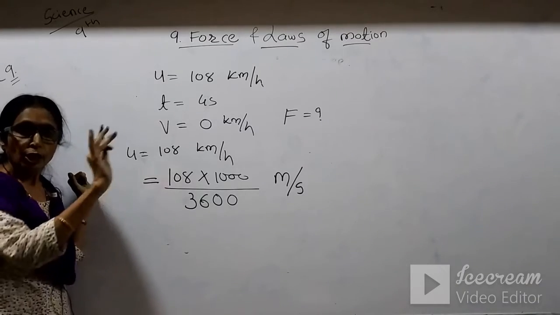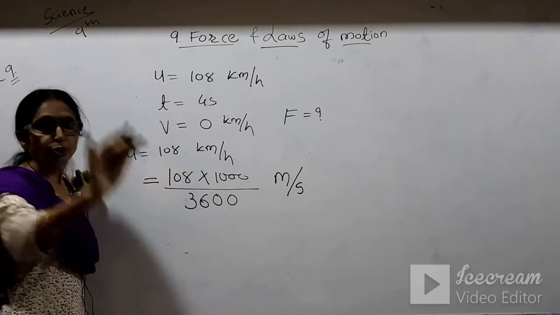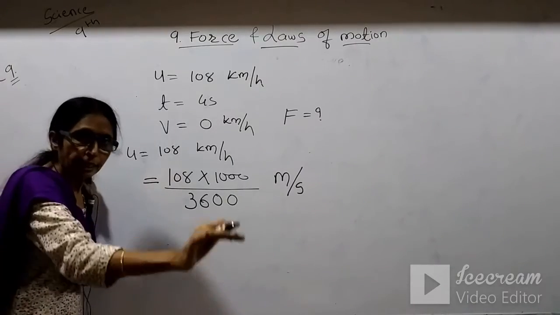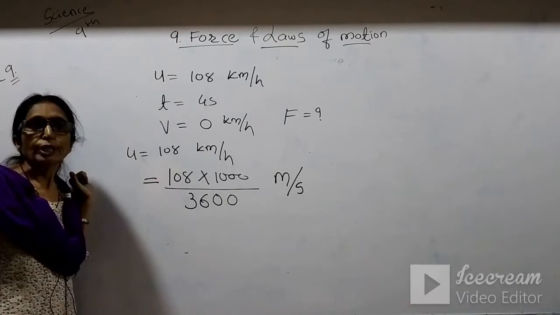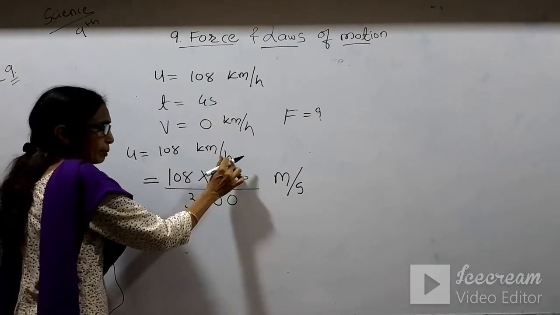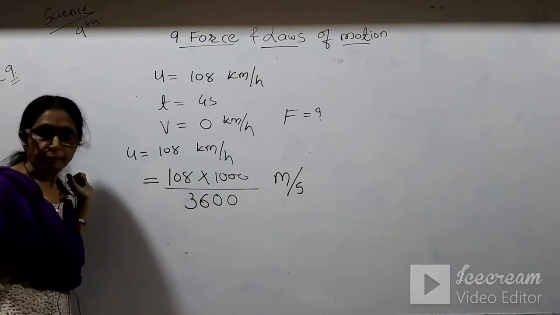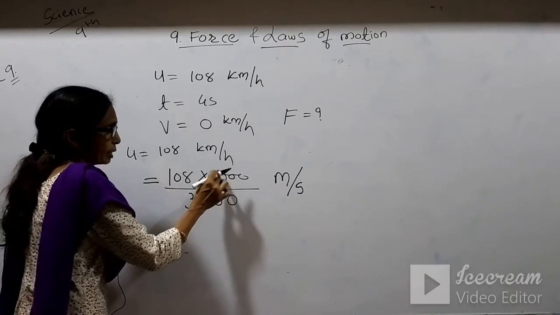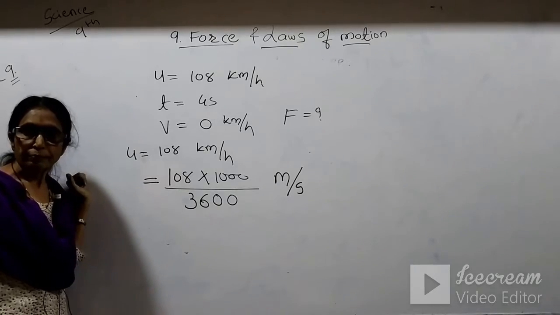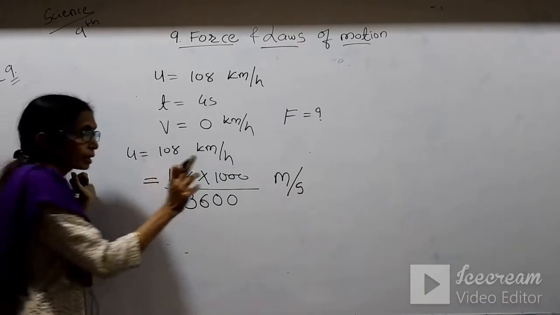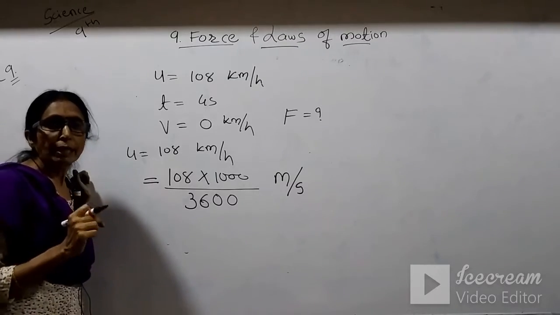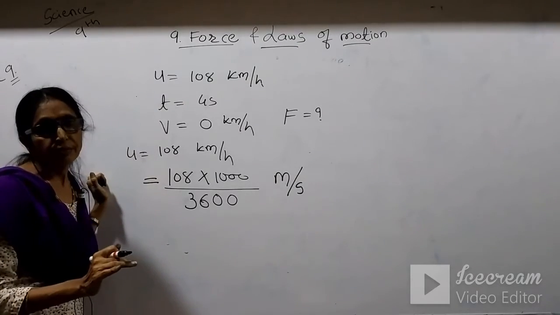How to convert kilometer per hour into meter per second and vice versa, from meter per second into kilometer per hour. When we convert kilometer per hour into meter per second, we have to multiply by 5 upon 18. And when we convert meter per second into kilometer per hour, we have to multiply by 18 upon 5.